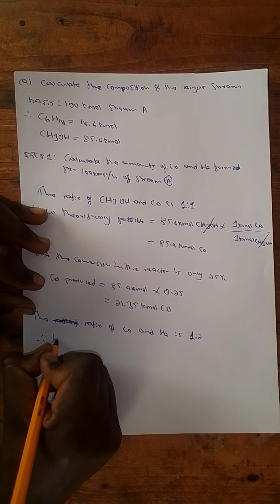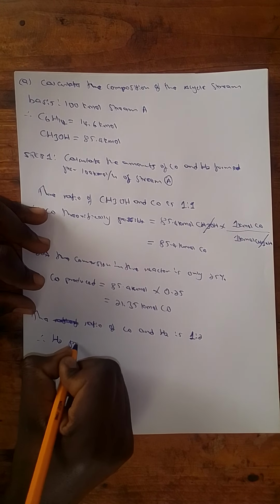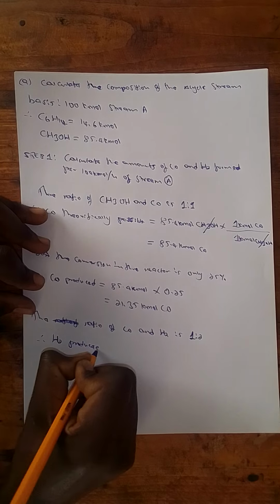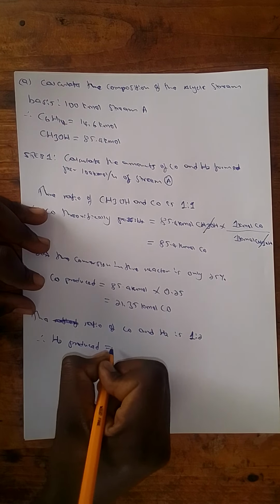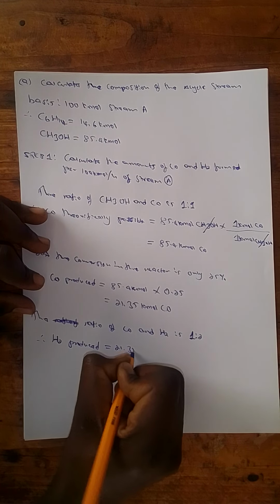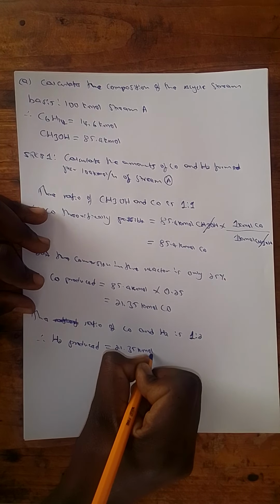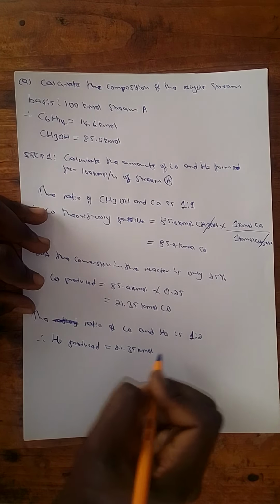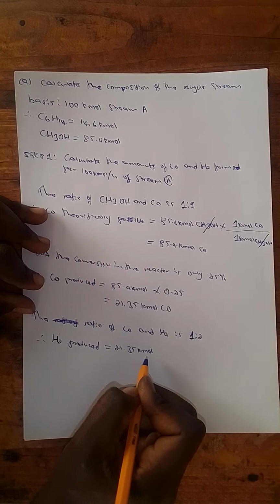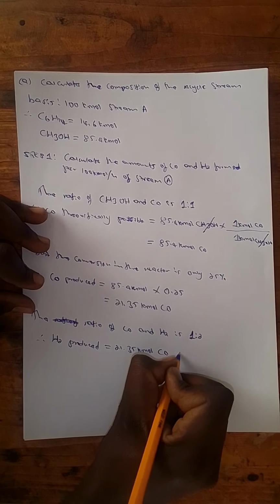Therefore, H2 produced is equal to 21.35 kilomole CO, right?